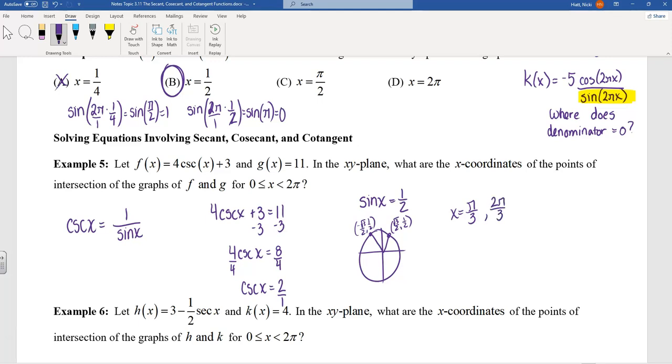So a lot like you were doing on your other stuff there. I've got them backwards. Pi over 6, I drew them in the wrong spot. Thank you. Pi over 6 and 5 pi over 6. Does that sound better? Pretend these are down lower. These should really be right here and right here.